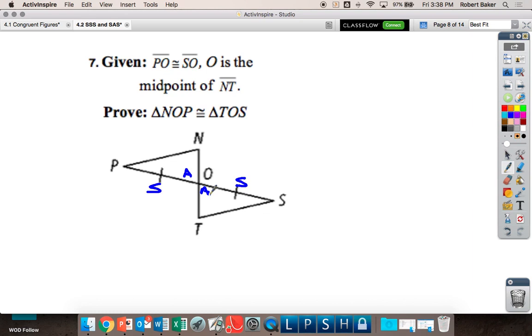Oh yeah, it does. O is halfway between N and T. So what does it prove? That they are congruent. Because O is the midpoint, this piece and this piece are the same. Definition of a midpoint. So now I have another S. What shortcut did I just draw? The SAS shortcut. Are those two triangles congruent? Yes. Because side, angle, side.